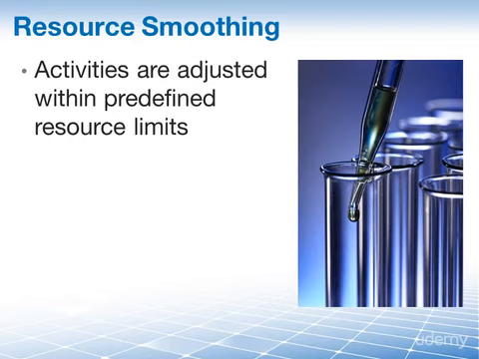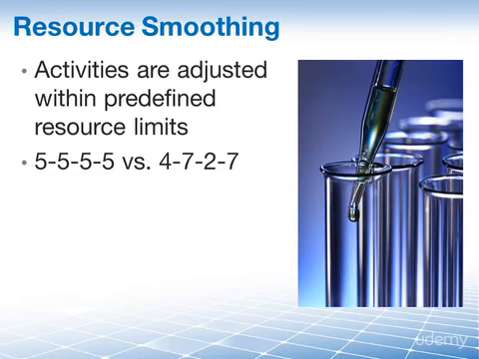For example, even if you have 7 units of a given resource available all the time, using 5 of these units each week, 5, 5, 5, 5, is much preferable to having 4 in the first week, then 7 in the second week, then 2 in the third week, and then 7 again in the last week.